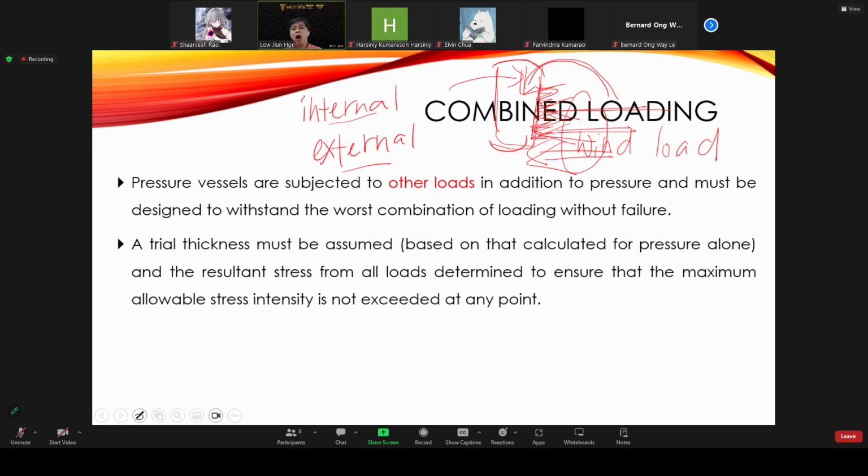All these stresses are considered under combined loading, and this is the meaning of combined loading. We also consider the other loads experienced by the pressure vessel to make sure its strength is enough to withstand all these other stresses.